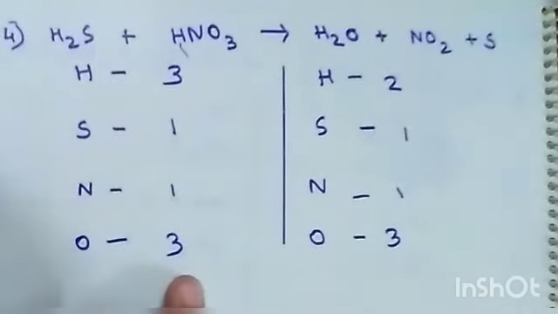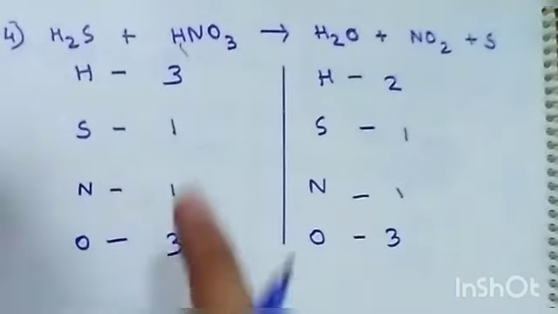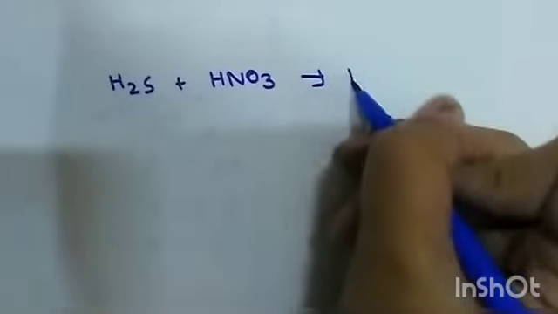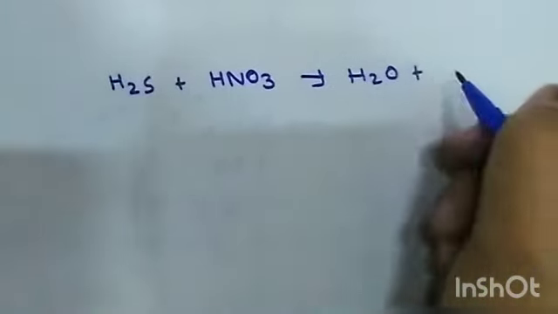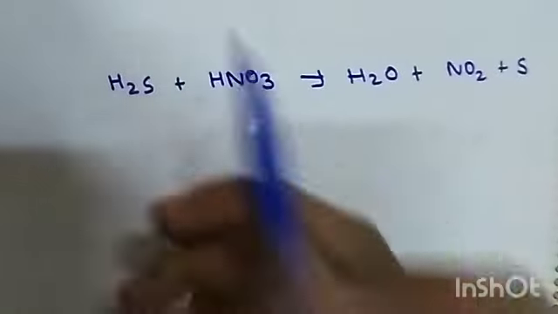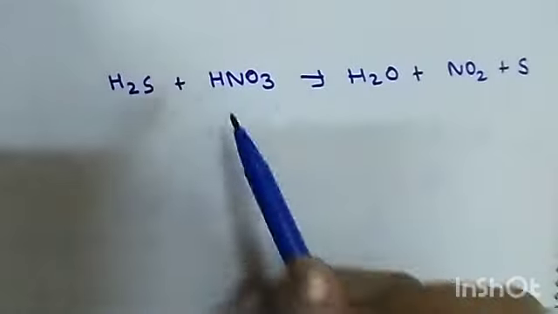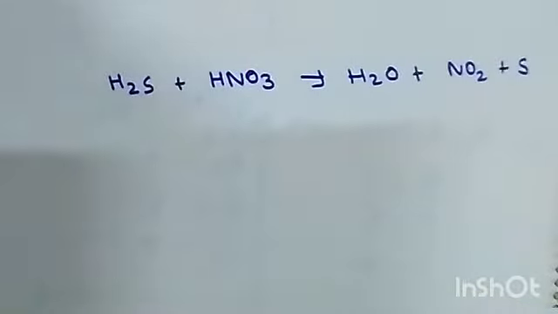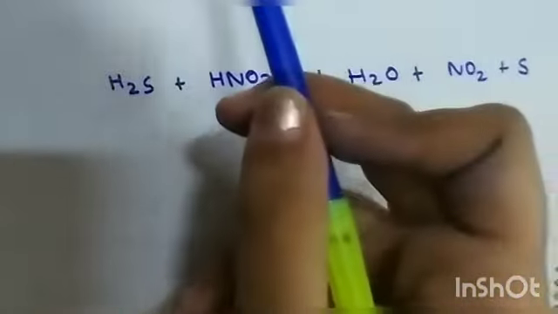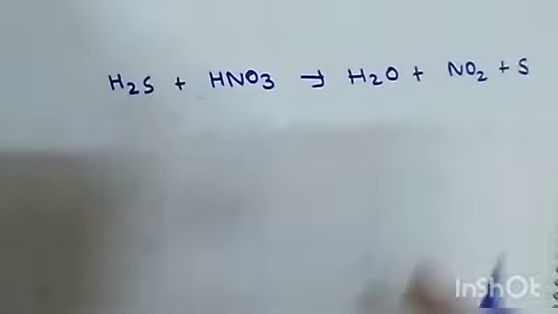So our step 1, list down the atoms, is done. Step 2, count the number of atoms, is done. Now step 3 is to multiply across or change the coefficients. So HNO3 gives you H2O plus NO2 plus S. Here we have to balance H, and on the RHS it needs to be 3 or greater than 3.